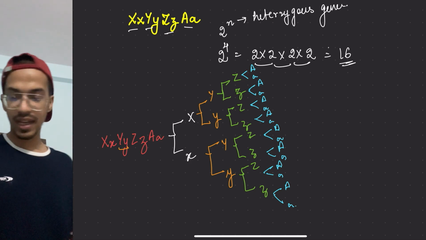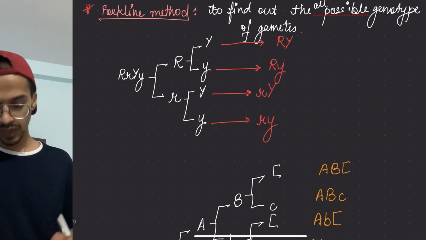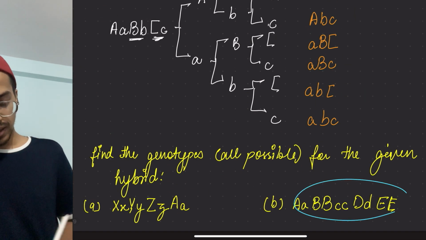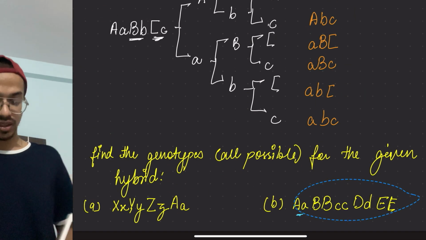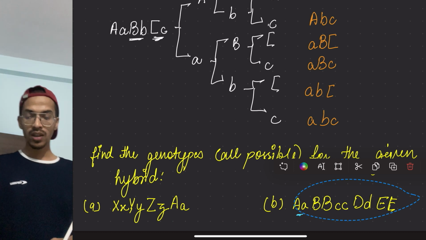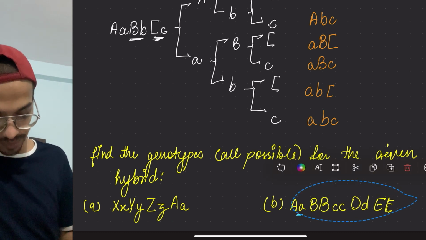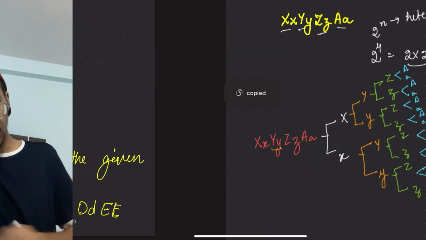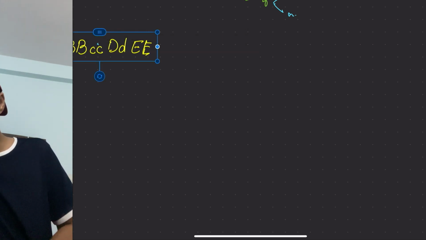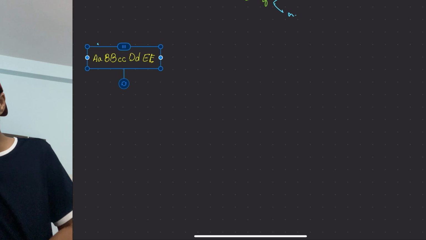Another question that I have given to you: it was capital A, small a, and then both of these are the same. I will just copy it over here. This is the second question.